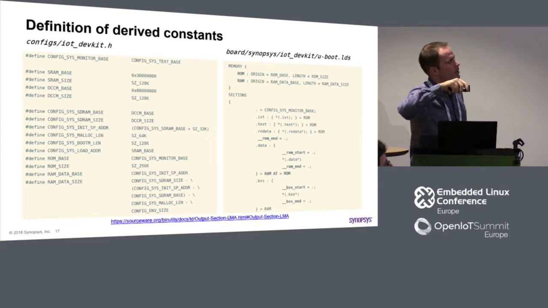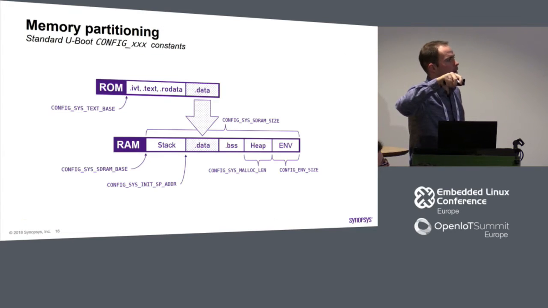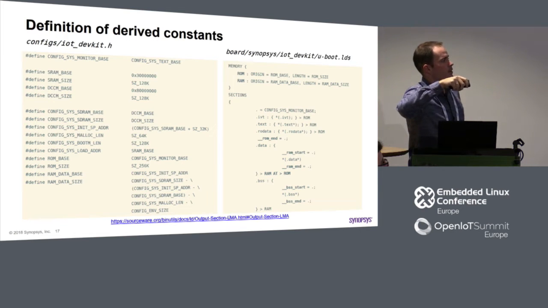It requires some time to understand what's going on there. So RAM data size, this is not the entire size of the RAM, but this is the size which will be used by exactly, where's the pointer? Data, BSS, heap, and environment. So this is that area, but not the entire RAM, and some other variables.